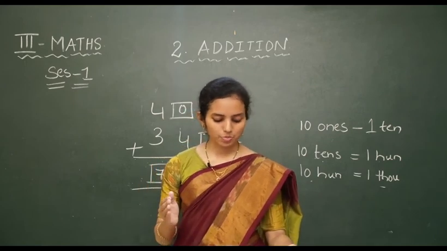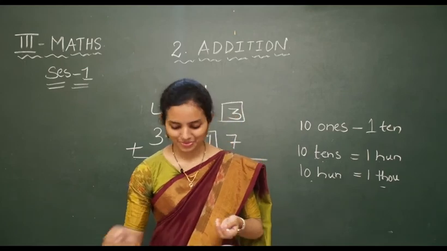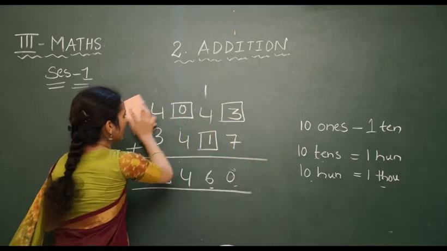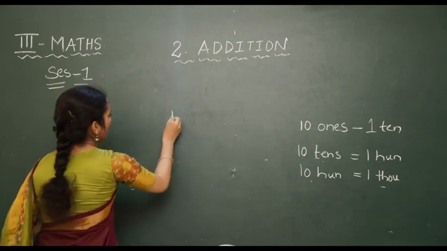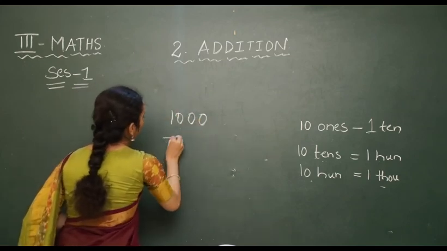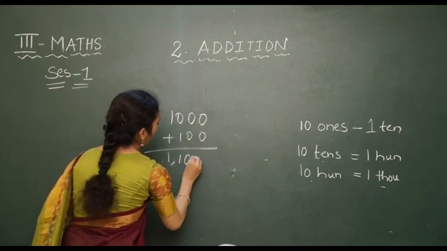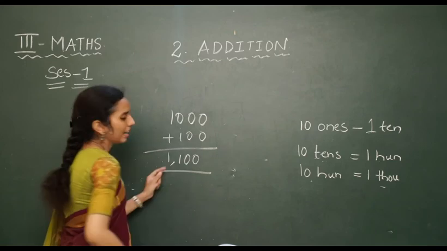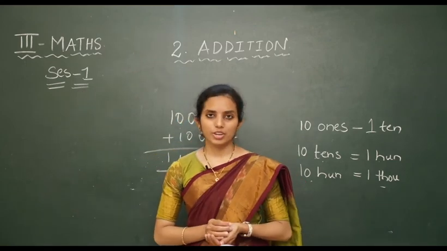What is the sum of the smallest 4-digit number and the smallest 3-digit number? The smallest 4-digit number is 1000 and the smallest 3-digit number is 100. So 1000 plus 100 is 1100. This is the last question of our chapter drill.